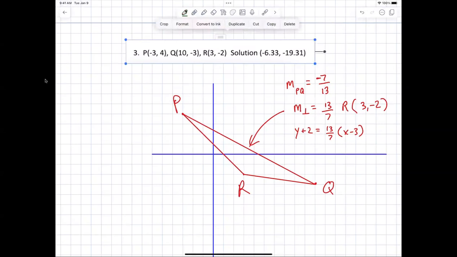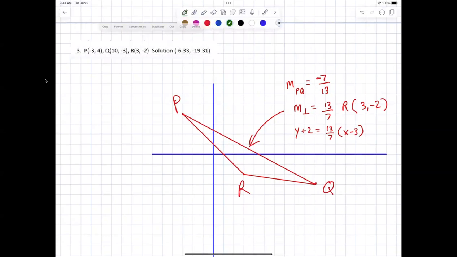This is even in the way. 1 through 13. 1, 2, 3, 4, 5, 6, 7. That point would be way over there. Hopefully you agree with that.